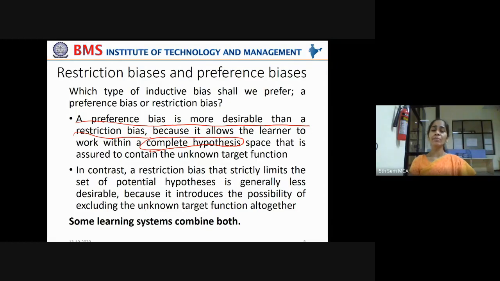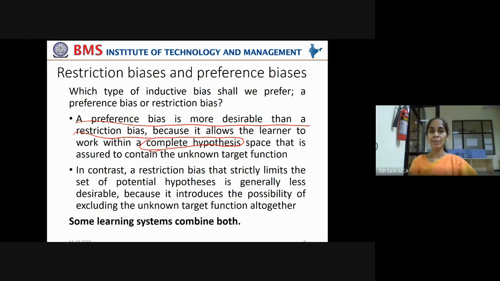Then it is always better to search the entire hypothesis space, though your search strategy is partial. Understand clearly. You're searching the entire hypothesis space, but your search is partial and is biased towards shorter trees.